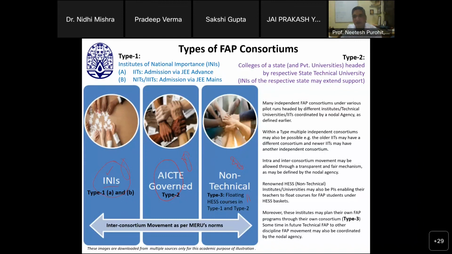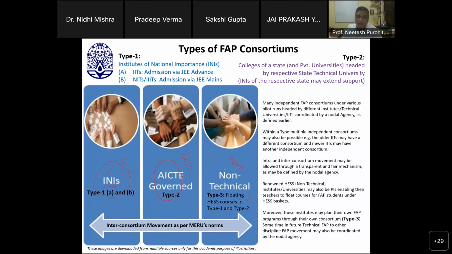And similarly, we are trying to connect to the right kind of institutes and universities which can prepare customized baskets of the subjects for our students, our FFP students. And we are trying to see how this can be offered effectively.